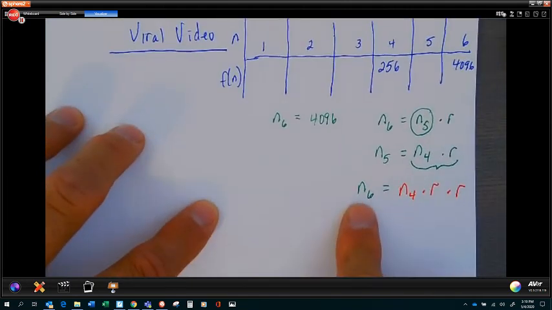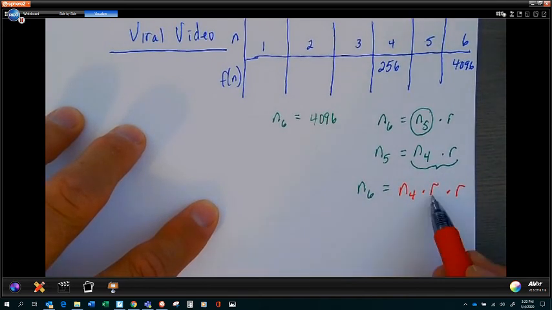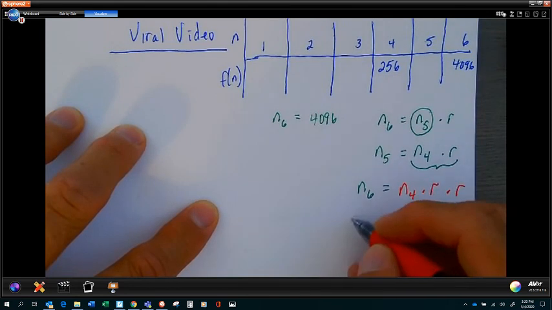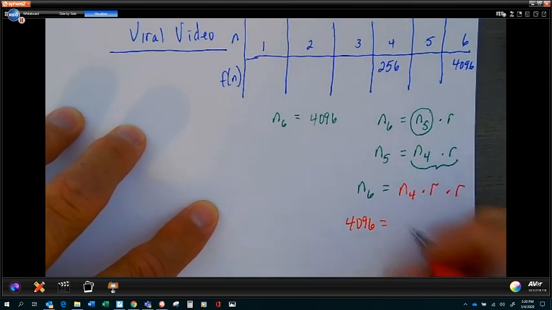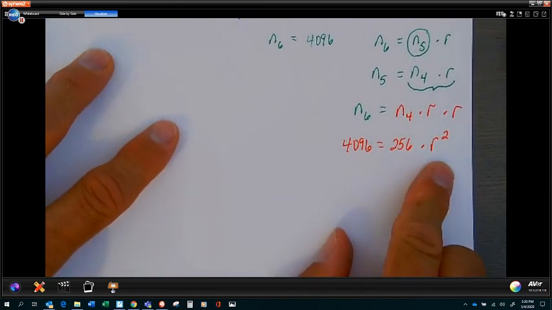Now, I've got a formula here that has two numbers that I already know, right? And I know that r times r is r squared. So I know that n6 is 4096, and I know that n4, the 4th term, is 256, times r squared. So now all I have to do is solve for the variable.